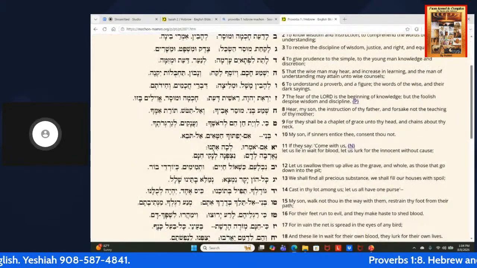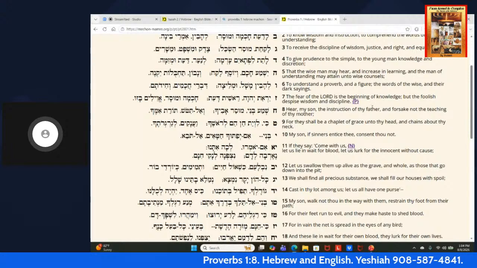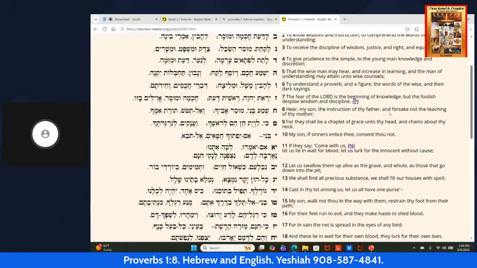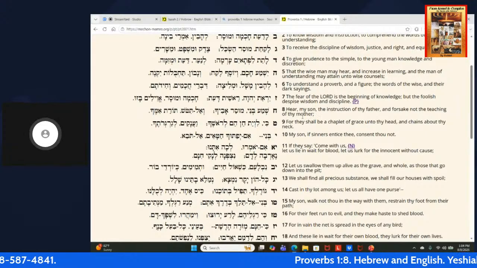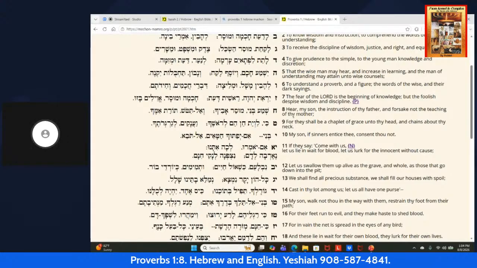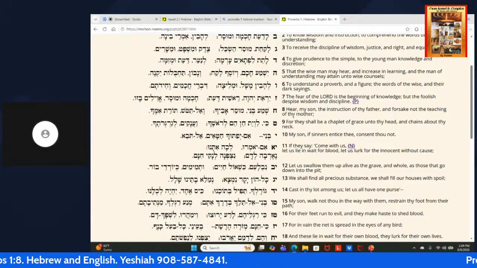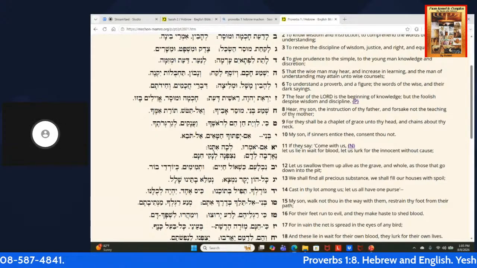Verse 8: Hear, Shema, Beni, my son, Musar Avika, the instruction of your father, Ve'al titosh, and forsake not Torat Imeka, the teaching or the instruction of your mother. So the instructions or the reproof and the teaching or the law of from your Abba, your father, and your Ima, your mother, is very important in the understanding of Israel.